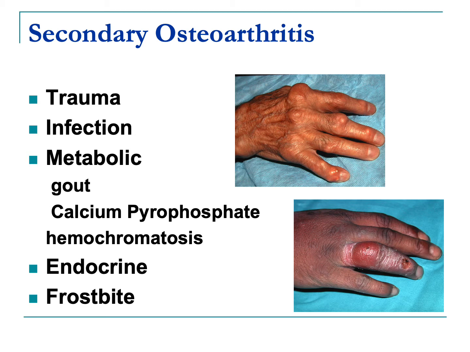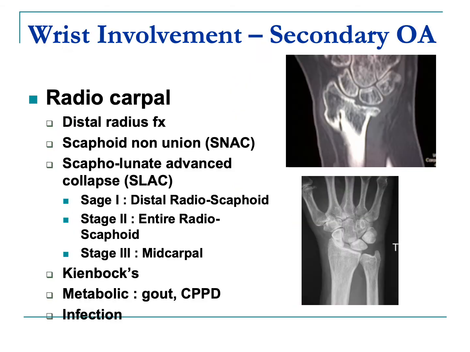Patients with diabetes also seem to be at greater risk for developing secondary osteoarthritis, and on occasion things such as frostbite will after a while produce some degenerative changes of the joints which were in the region of the frost.